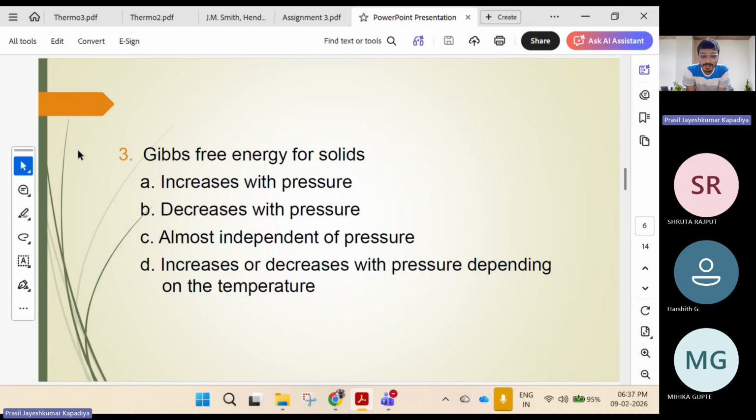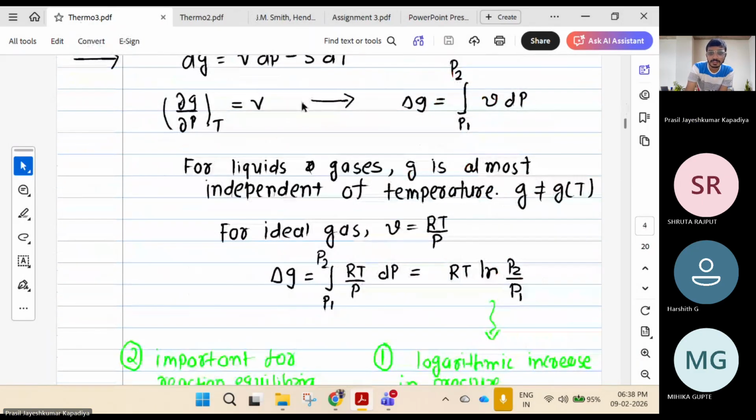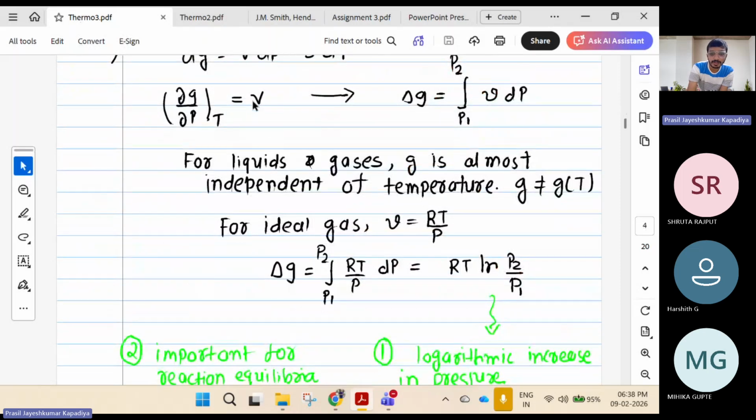So for solids, what is going to happen? Is volume going to change with pressure? For solids, is it going to change? No, it is not going to change. That's why it is almost independent of pressure. Okay, on this slide, the slope is volume, correct?